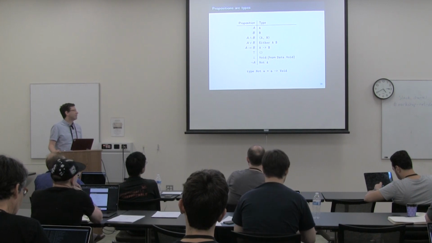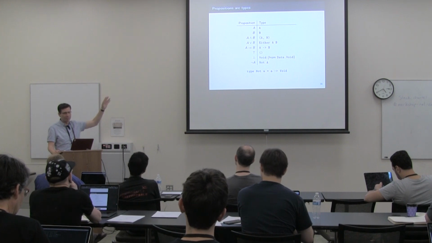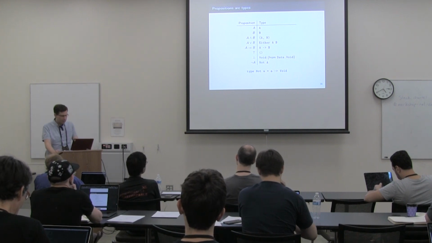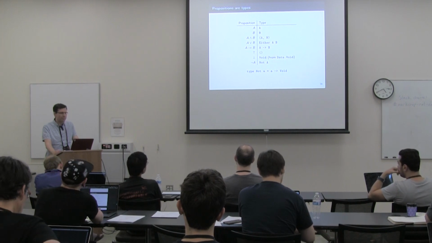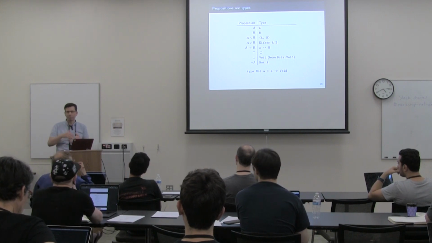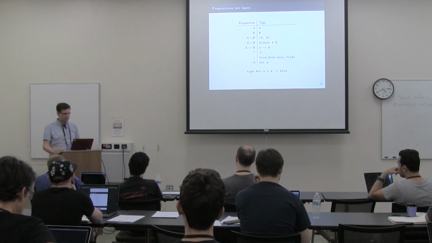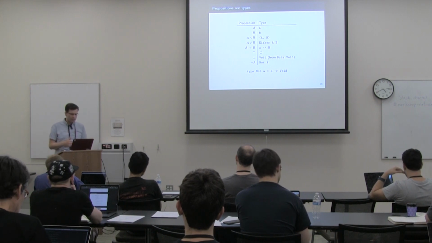But if A is inhabited, then B also has to be inhabited, which is the same rule that you follow for implication, actually. And then truth corresponds to the unit type, because it's always inhabited. Yes, there are other types that are always inhabited, but we just need to pick something canonical. And then falsity corresponds to this Void type that's uninhabited.